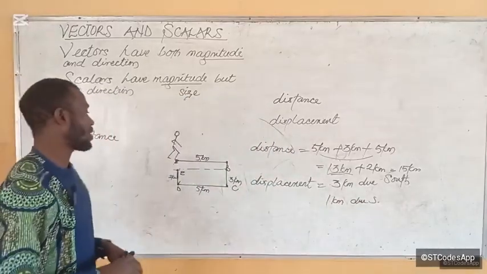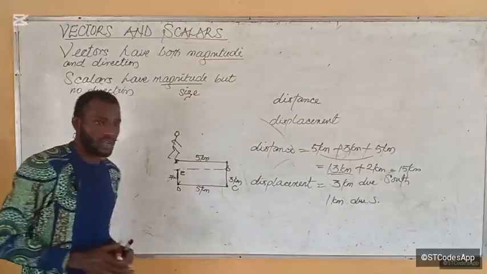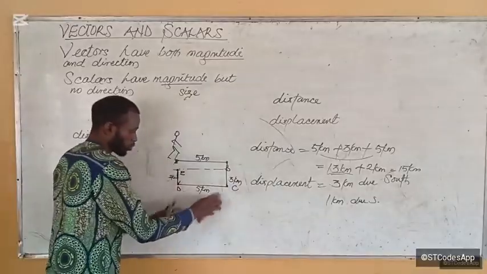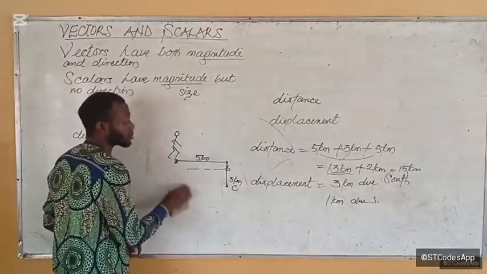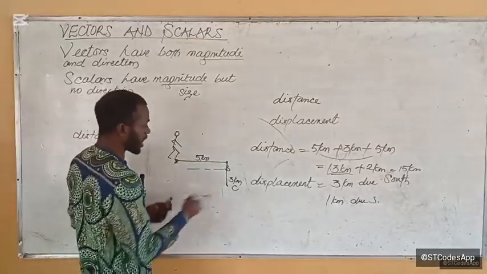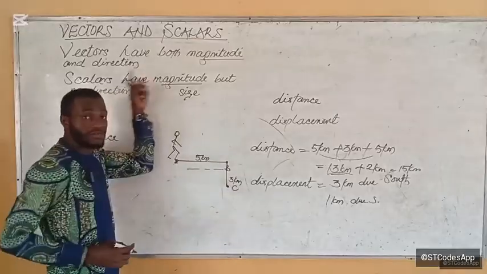Do you understand now? Now, what if the body did not get to position D, let's say it stopped at position C. I'm trying to explain vector and scalar for you.